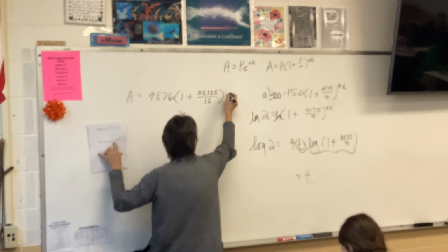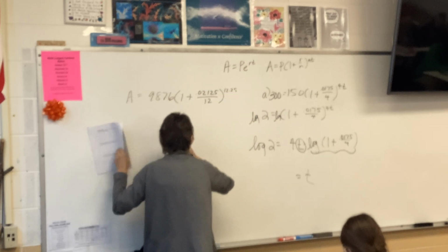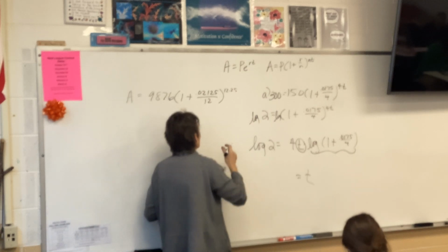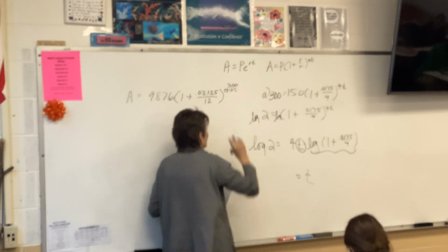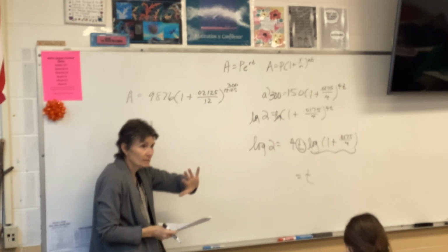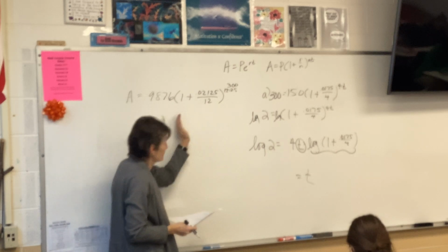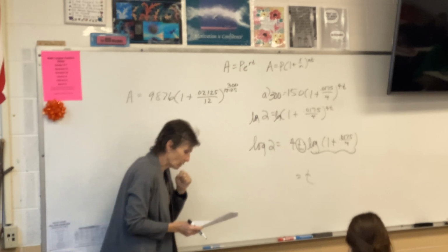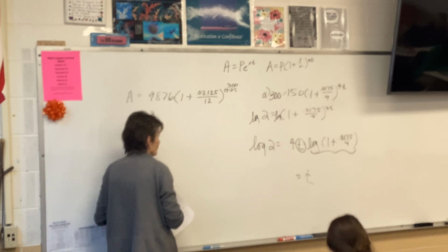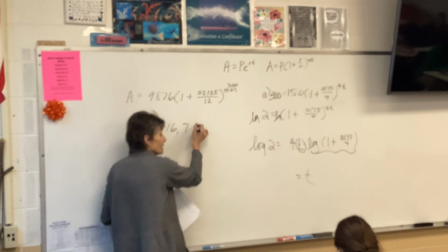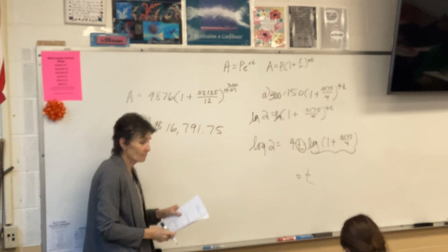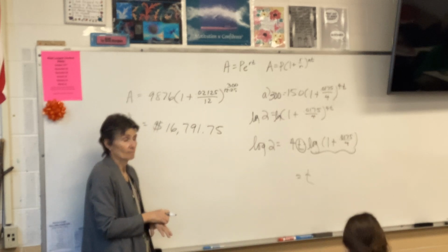And what's my exponent? 12 times 25, which is 300. Do we need logarithms? No, we just type that in. And what is that? $16,791.75. Somebody confirm that? Yep.